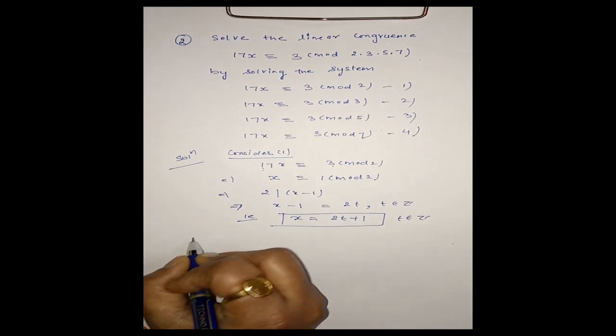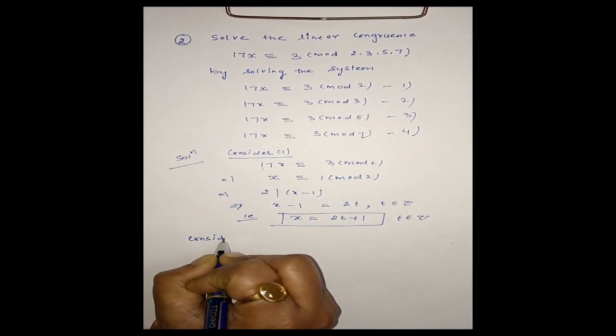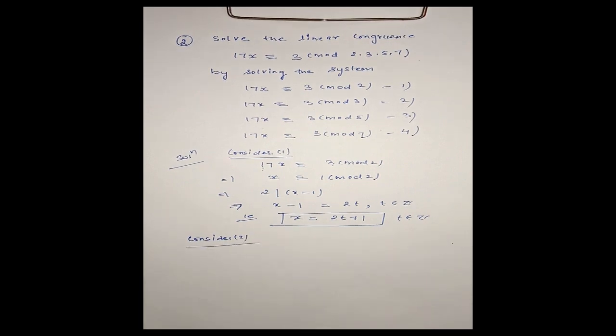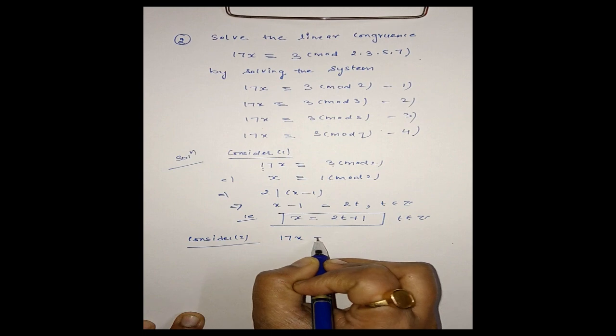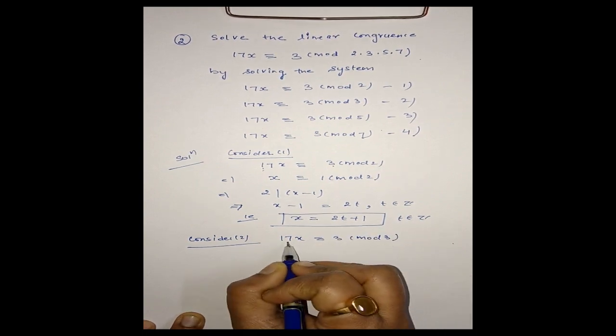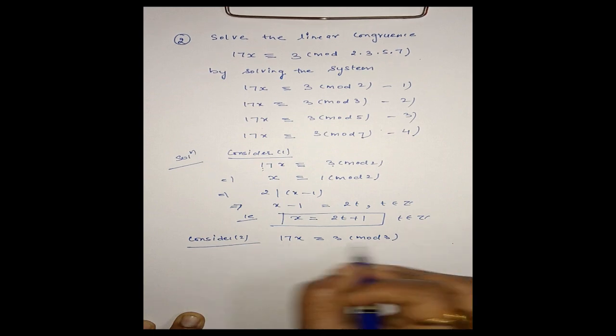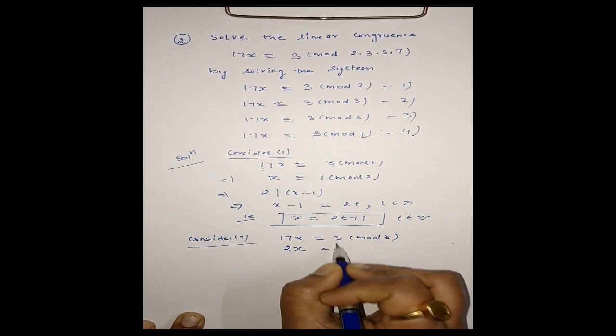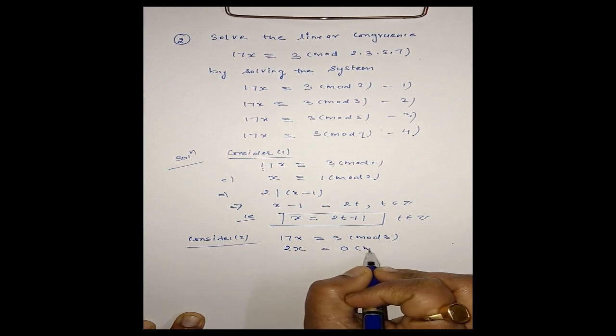Now consider the second congruence: 17x is congruent to 3 modulo 3. Dividing 17 by 3, the remainder is 2, and on dividing 3 by 3, the remainder is 0.